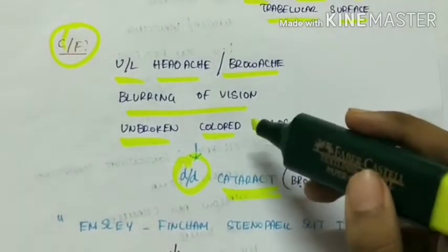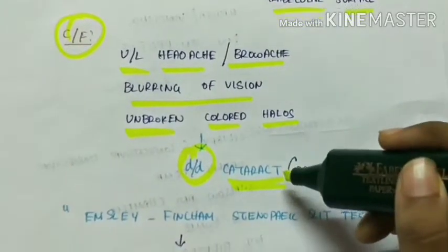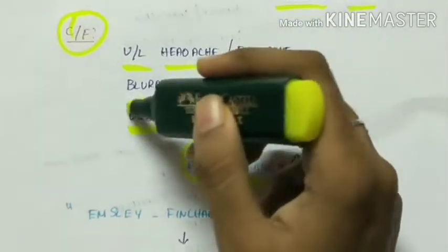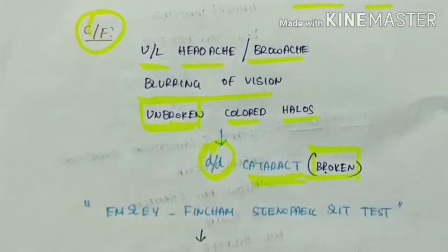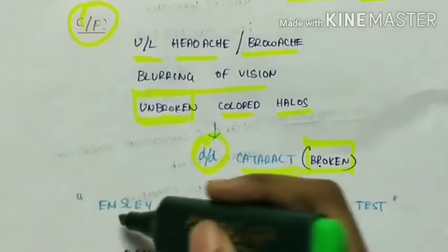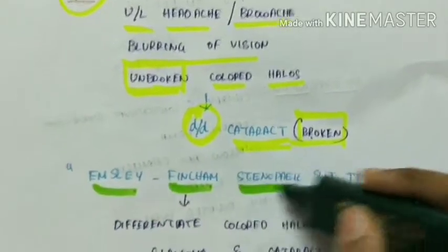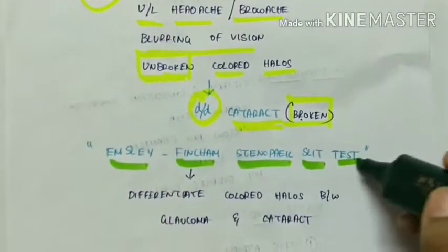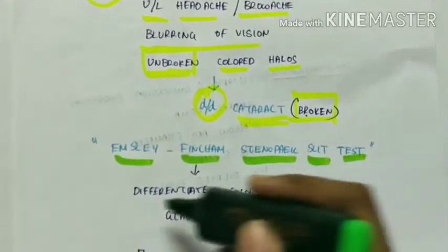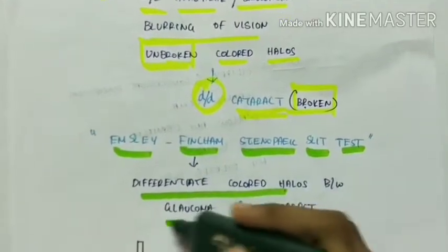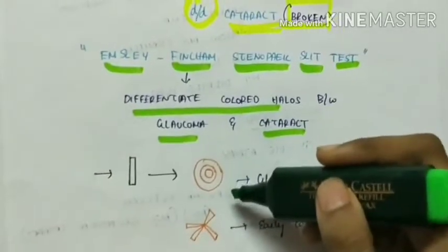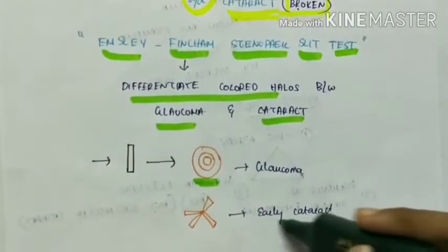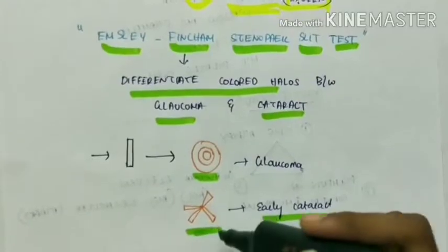The difference between the colored halos seen in glaucoma and cataract is, in glaucoma the colored halos are unbroken, whereas in cataract the colored halos are broken. This is done by the Emslie-Finham stenopaic slit test. So a slit test is performed which differentiates colored halos between glaucoma and cataract. As I've already said, in glaucoma the colored halos are unbroken, whereas in early cataract the colored halos are broken.